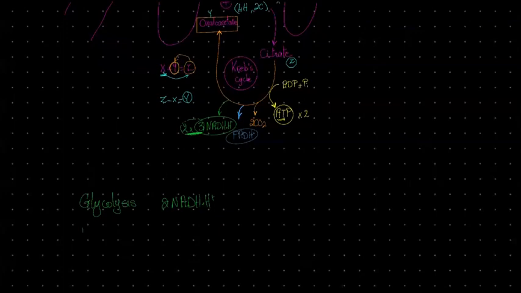And from the Krebs cycle, including the transformation of the pyruvate into acetyl-CoA, you've got 2 plus 6.